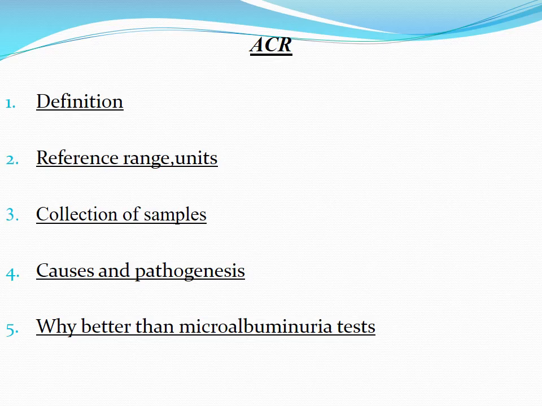ACR, that is albumin creatinine ratio. So what is ACR? It means the patients with diabetes mellitus are at high risk of suffering renal damage. Whenever there is renal damage, there may be loss of protein, and when this is compared to the creatinine and we find the ratio, that is the albumin creatinine ratio.